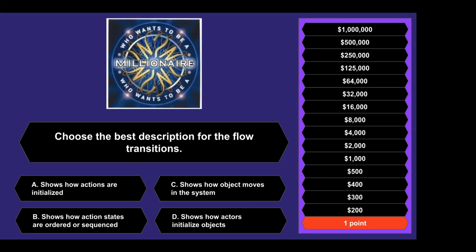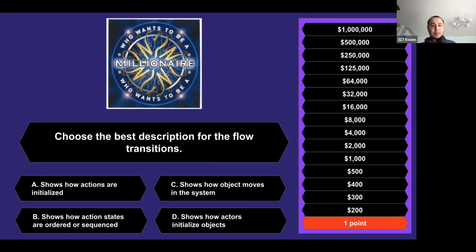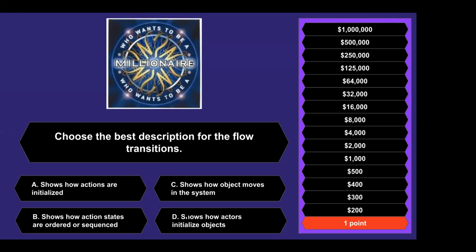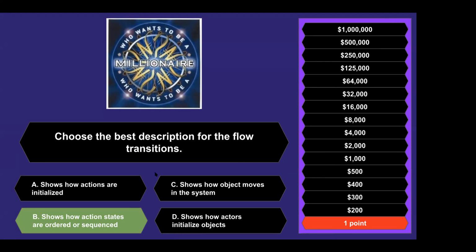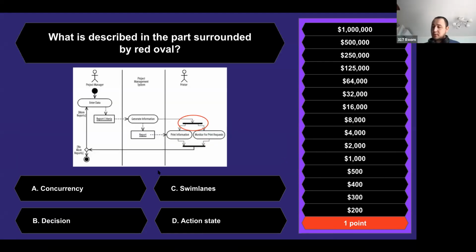Yeah, maybe B. You think that flow transitions show how action states are ordered or sequenced, right? Yes, you're correct. So basically, it shows how action states are ordered or sequenced, right? Thank you, Daniel.